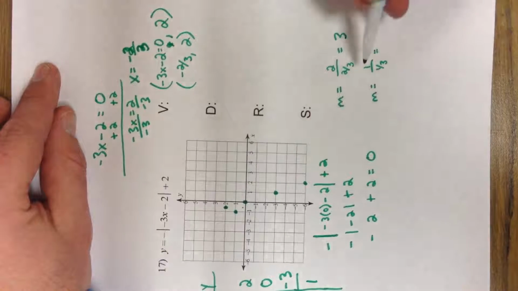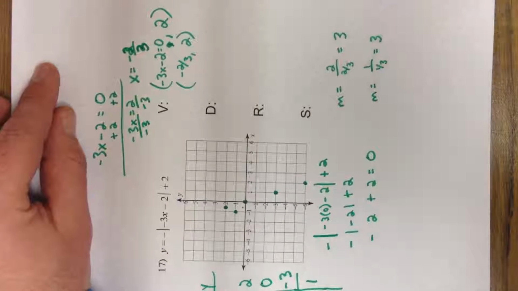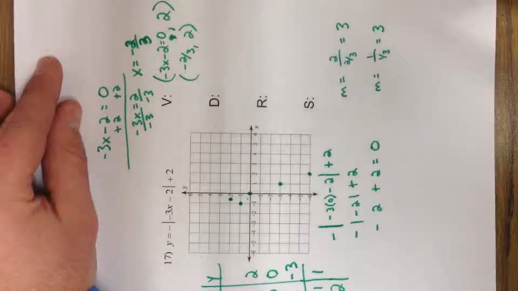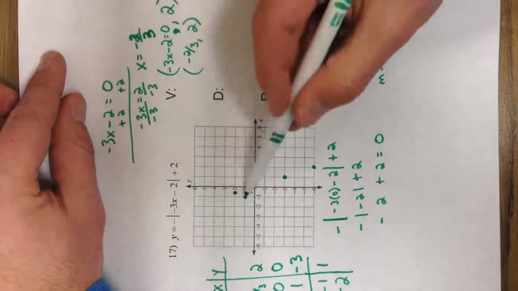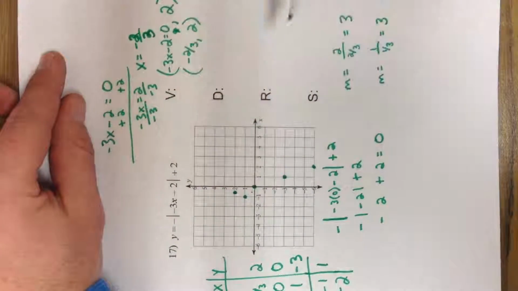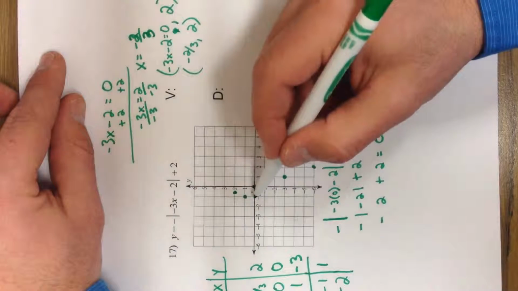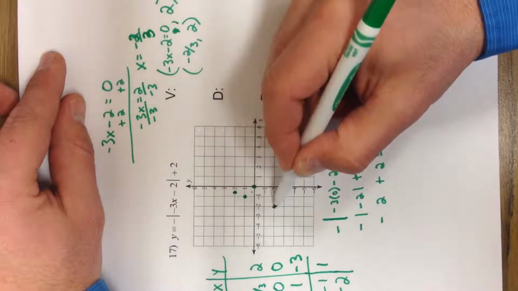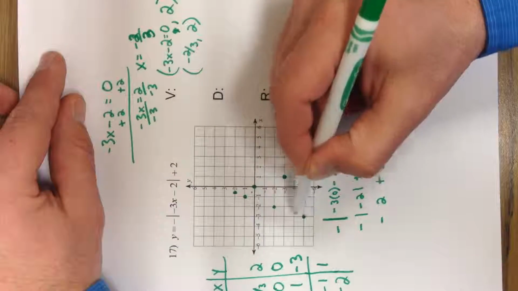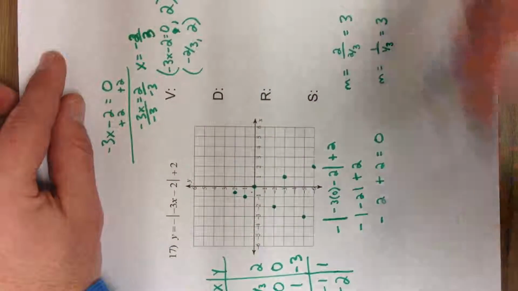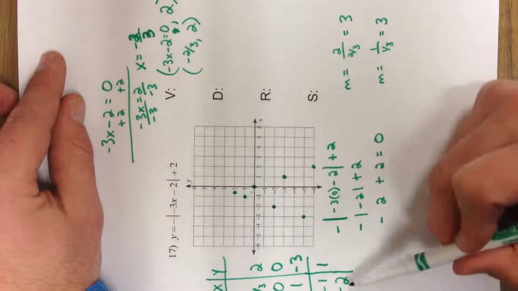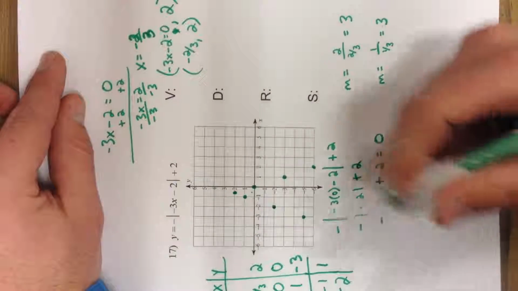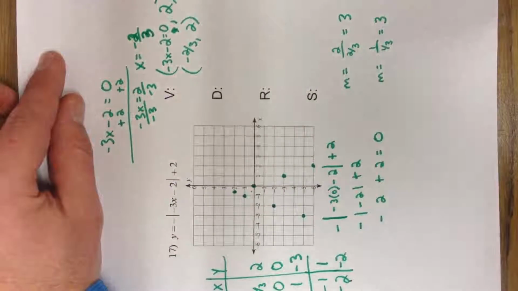Guess what? 1 divided by 1/3 is 3. So between those 2 points, I still have a slope of 3 to 1. It's equivalent. So I could go down 3 and over 1, down 3 and over 1, and still preserve that slope. Or obviously I could plug in -2 into the equation and get -2.